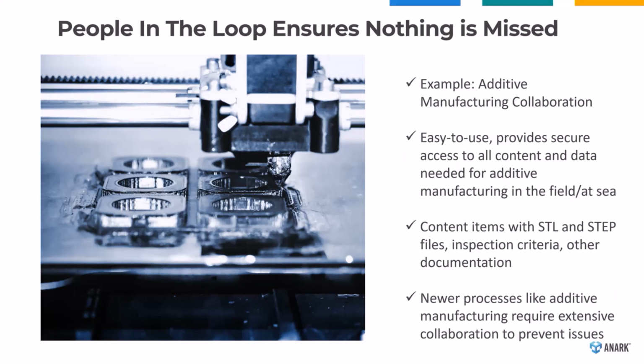Without capturing all of that knowledge and all of that dialogue, a lot of the critical IP in how parts can be designed going forward for additive is lost. And so this is a great example of how content collaboration that's tied into and closes the loop to the digital thread can really help manufacturers succeed.